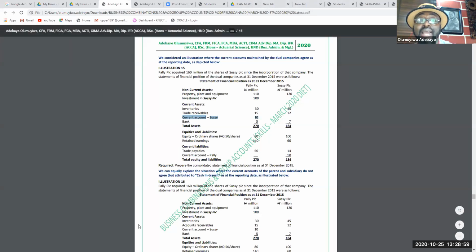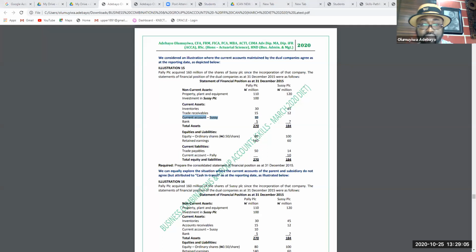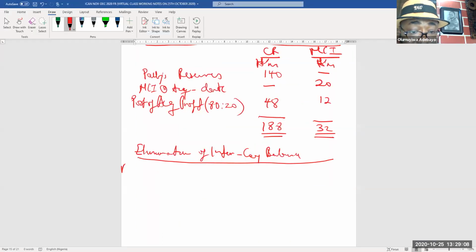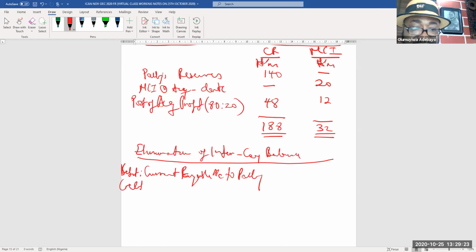which then means that I can come back to say my current account payable to Pali will have to be debited, and current account receivable from Suzy will have to be credited.